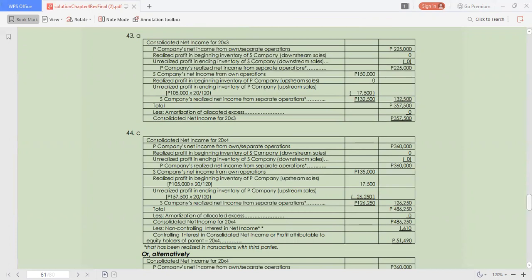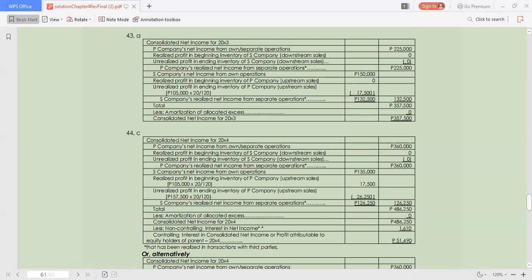So we have P company's realized net income for 20x4, and then we have S company's net income from own operations of 135,000, and we are now adding the unrealized profit of 20x3 that now becomes realized in 20x4. Since the sale is upstream, we now recognize the deferrals in the books of S.